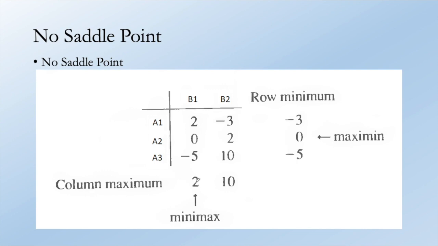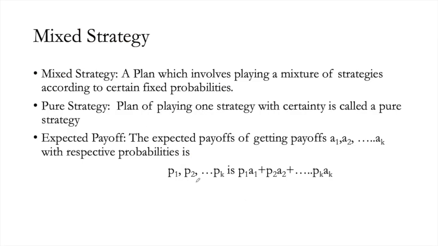There have to be certain probabilistic values. So out of 100 times, say 20 times A1, 30 times A2, and 50 times A3. Similarly for Bob, say 30% of the time B1 and 70% of the time B2. But how do we find those probabilities? That's what we'll try to find out in this mixed strategy case.